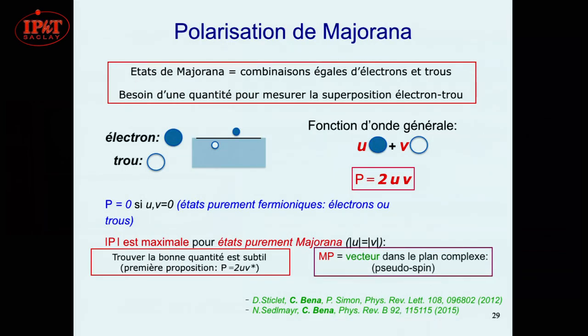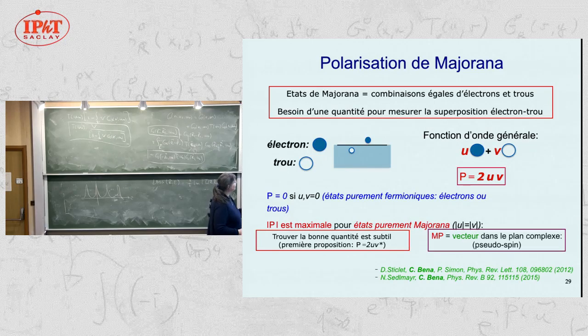So I told you that Majoranas were equal combinations of electrons and holes. So I need some quantity which characterizes the superposition between electrons and holes, some quantity which quantifies this superposition of electron and hole components in a wave function. If I have a general wave function, here I draw it quite graphically, from a talk which was given for a very general audience.